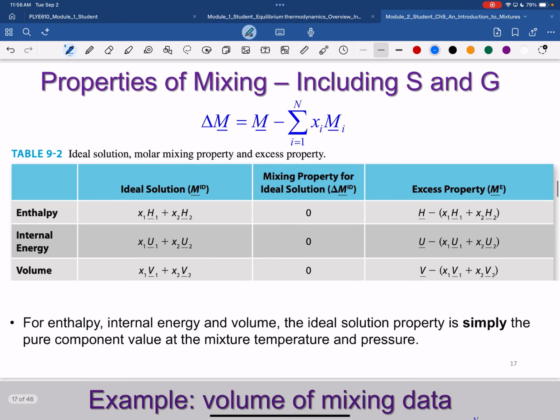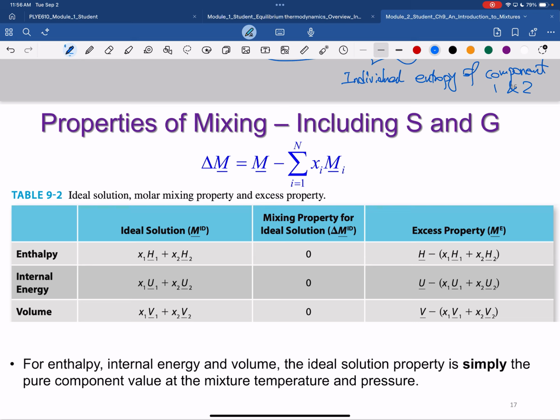So if I summarize it here, for enthalpy, internal energy, and volume, this is a very nice table in your book. For the ideal solution, you're just going to sum them up based on the molar property of your pure components, right? So if your mixture is an ideal solution, your mixing property is going to be 0, obviously, because your excess thing is going to be exactly the same as that definition.